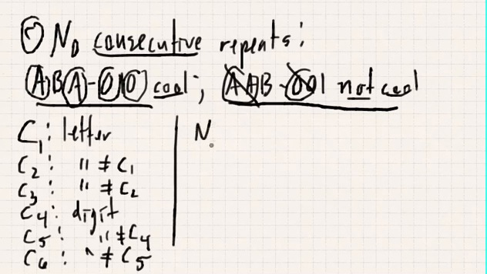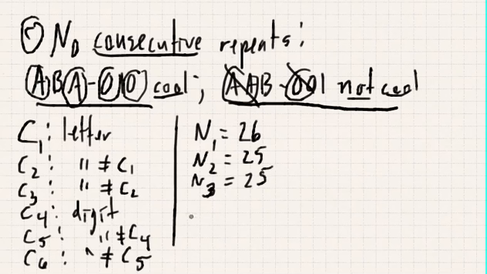Now, how many possibilities do I have for each of these? For my first letter, I have 26 possibilities. For my second letter, I can be anybody but the first one, so I have 25 possibilities. And similarly, for my third letter, I can be anybody but the one immediately previous, so I also have 25 choices. The same idea works for the digits. There are 10 possible digits for the first one. I don't have to worry about repeats between digits and letters because they're different things.